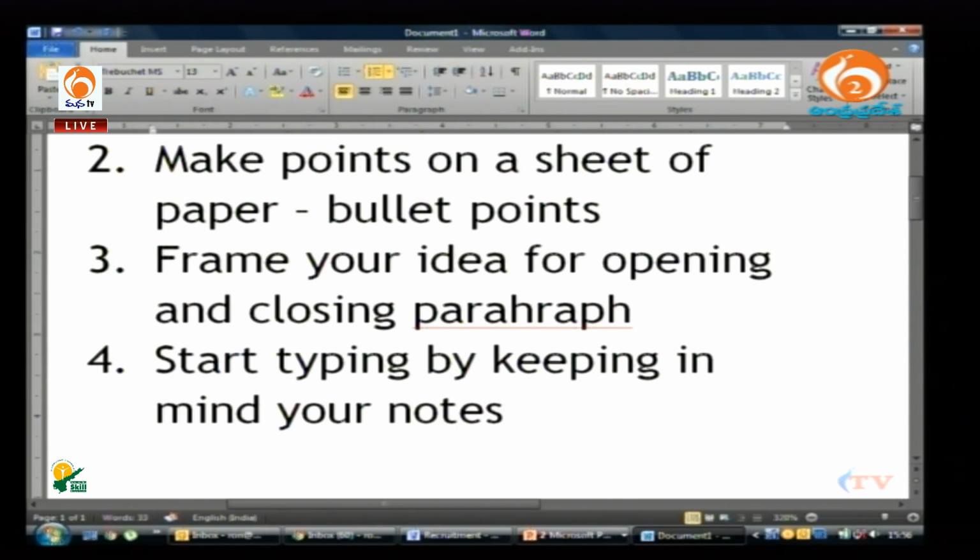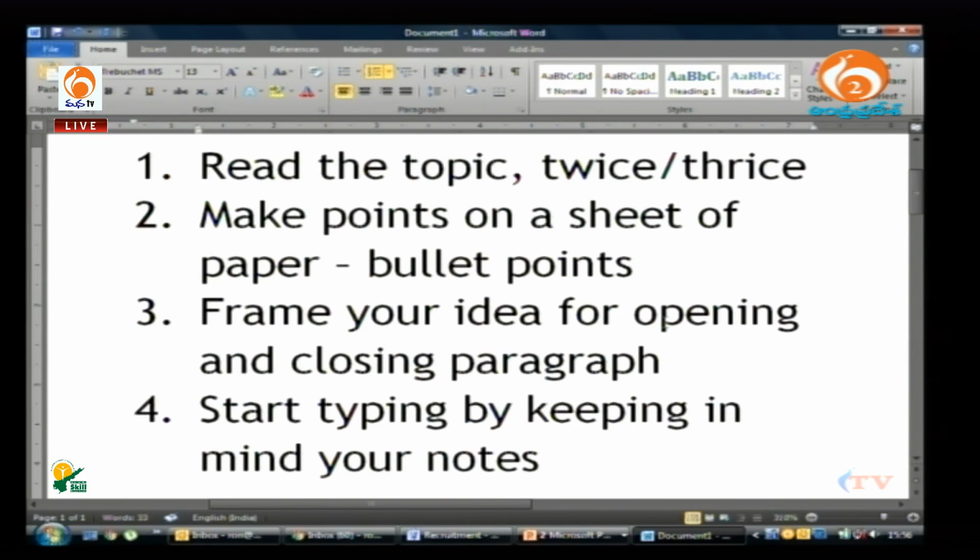All right. So I am going to change the zoom feature here. These are the 4 steps I am telling you. Read the topic twice or thrice. Make points on a sheet of paper like bullet points. Frame your idea for opening and closing paragraph. Start typing by keeping in mind your notes, whatever you have prepared.